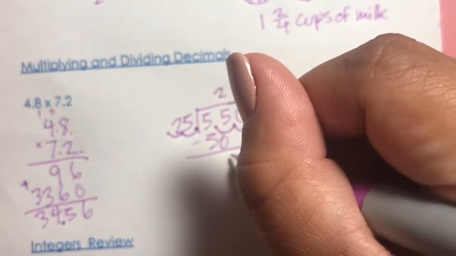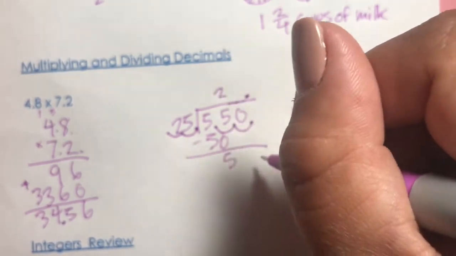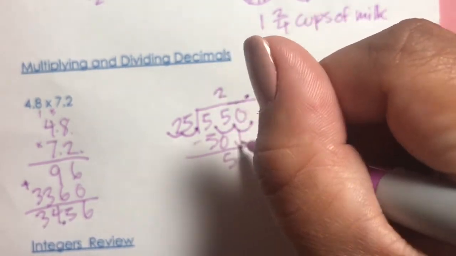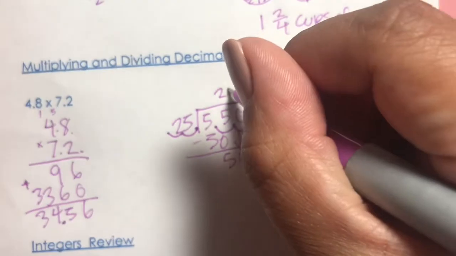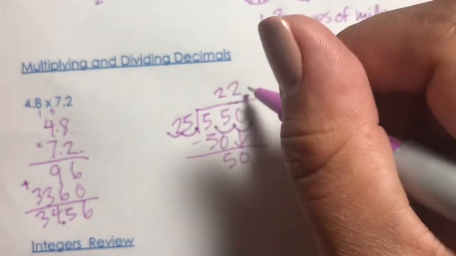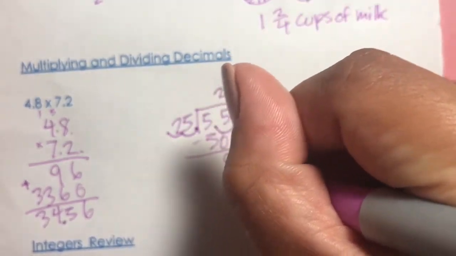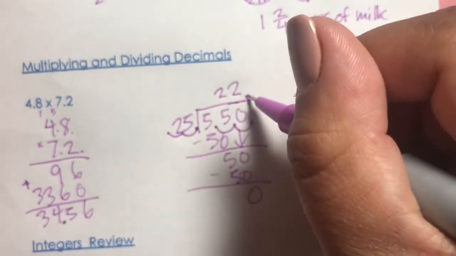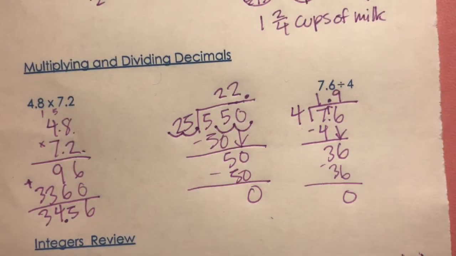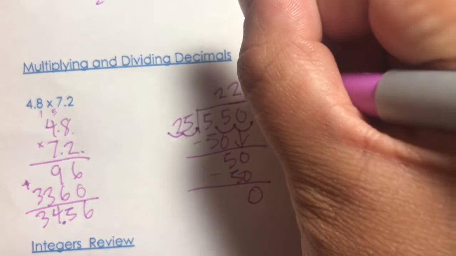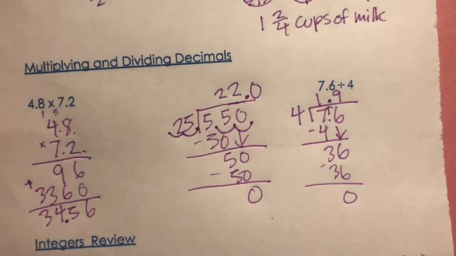Then 55 minus 50 is 5, and then bring down the 0. 25 goes into 55 2 times, and then 2 times 25 is 50. So we're actually left with a whole number here. So we have 22, and then we have the decimal in the back, and you could technically put 22.0, but you really don't need to. It's just 22.